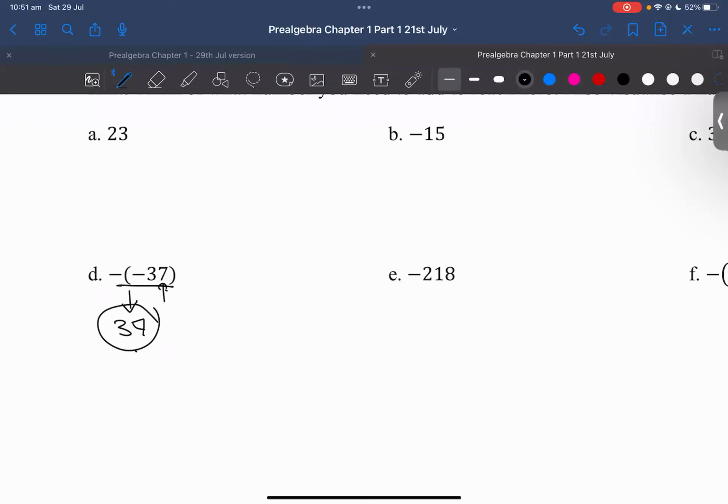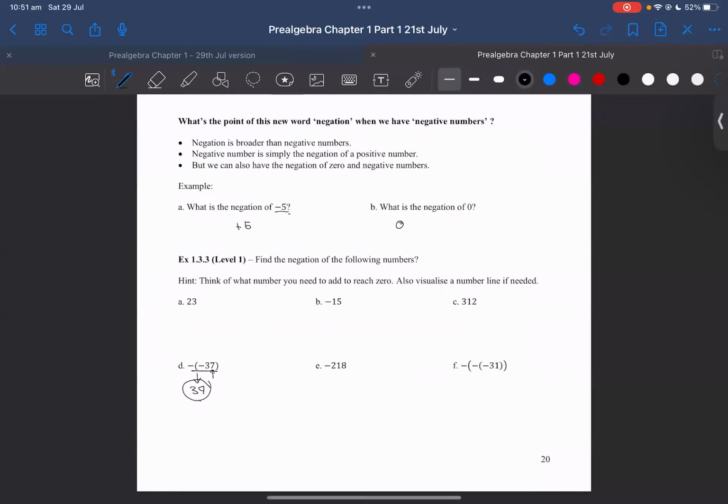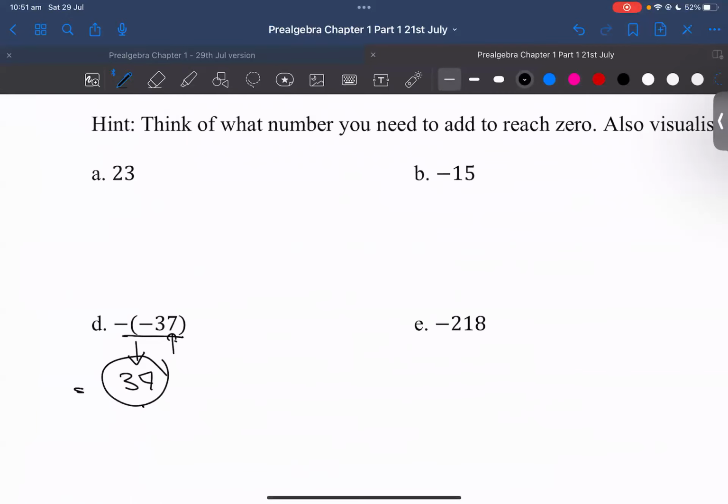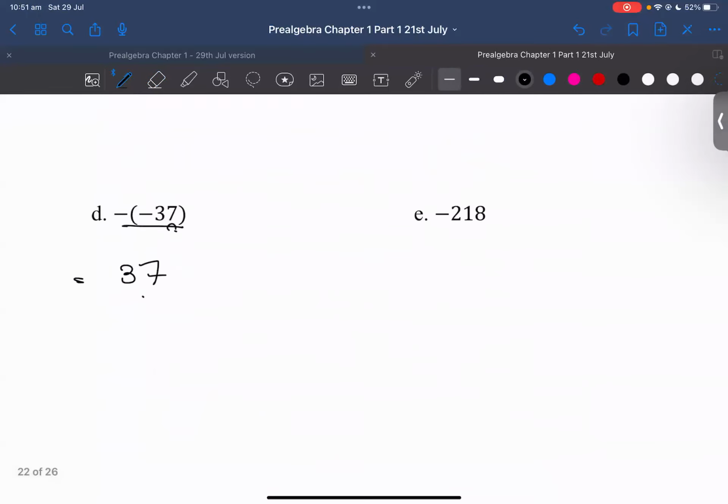Remember we talked about it. The negation of -5 basically means -5 is equal to 5. Just like that, -37 is equal to 37. But that's not our answer. Two negations cancel out, you get 37. But what is the negation of this number? Yeah, that's the answer.